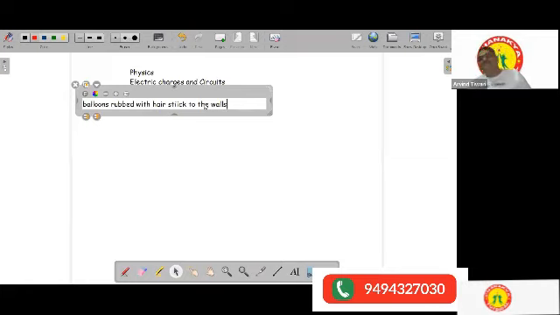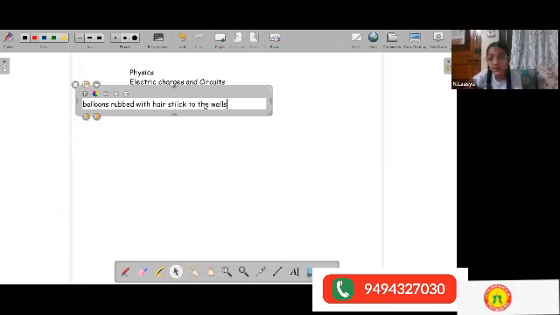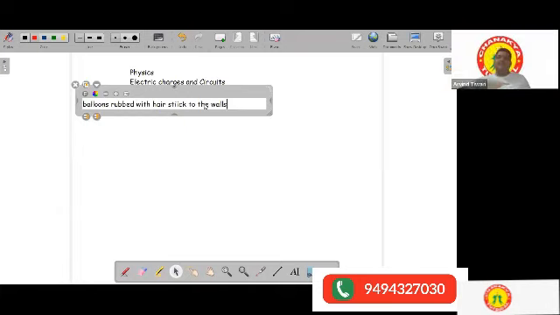Plastic scale. Okay, so what do you observe? The paper flies and jumps to the scale. It sticks to the scale.